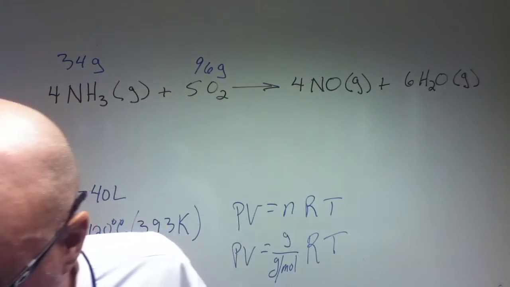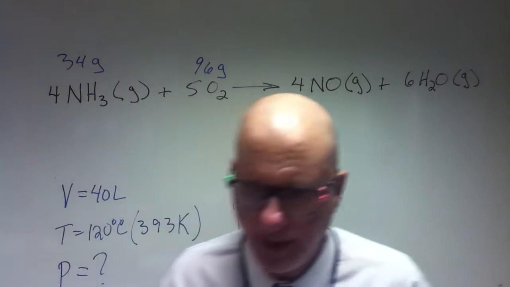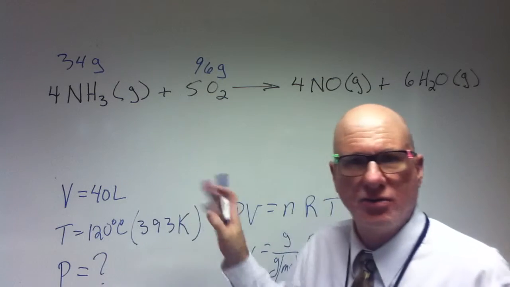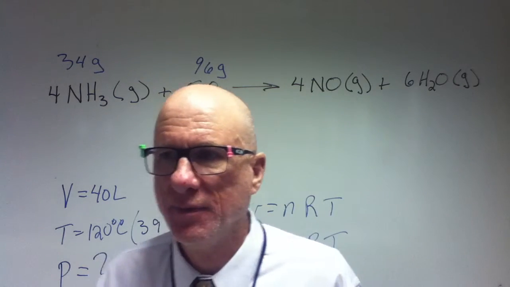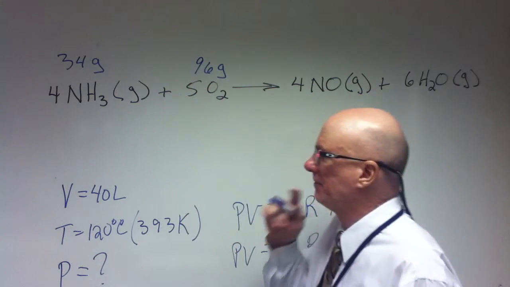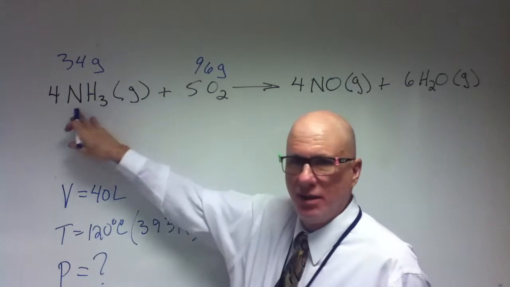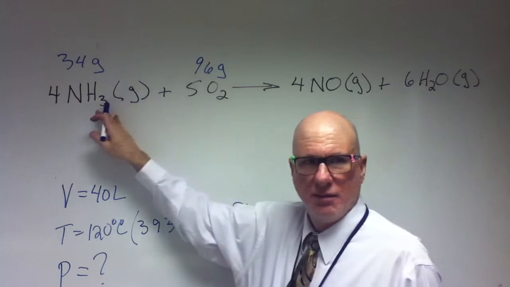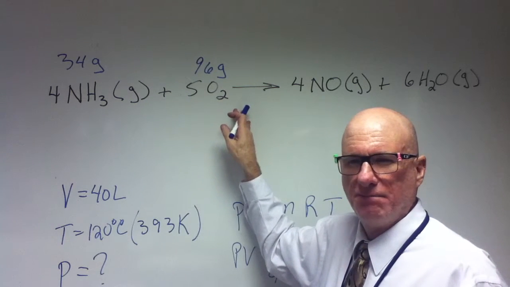You don't need to, right? So there's no double sets of conditions. So we know that, all right, now, what's going to be the limiting reagent?